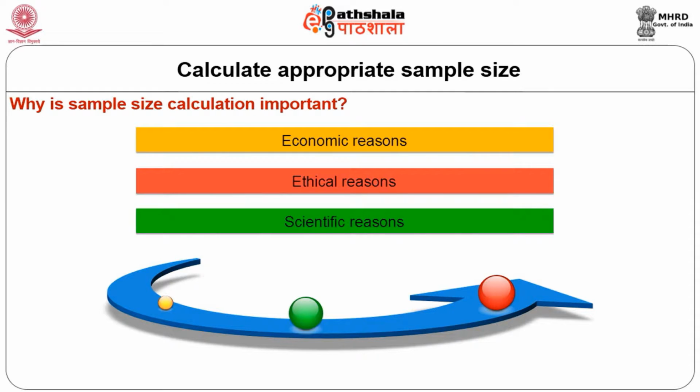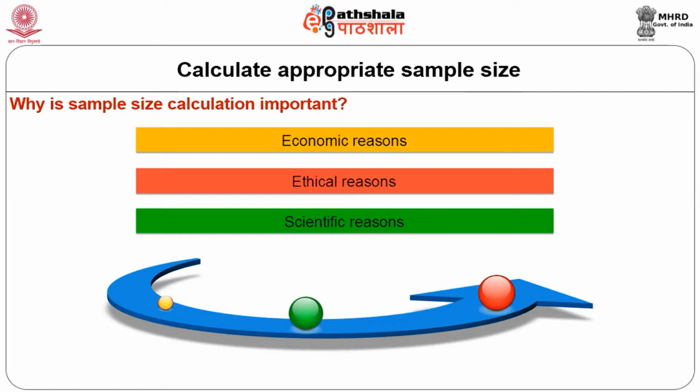Because of three reasons. One is economic reasons, second is ethical reasons, third is scientific reasons. Economic reasons, in the sense that we are taking only a sample, not the entire population into consideration, so you are likely to save your resources, time and logistics. The very sanctity of sampling is to reduce or minimize the logistics.